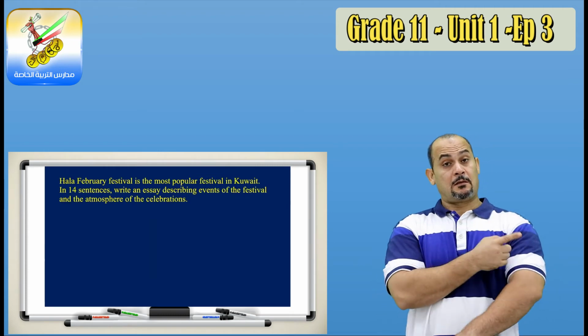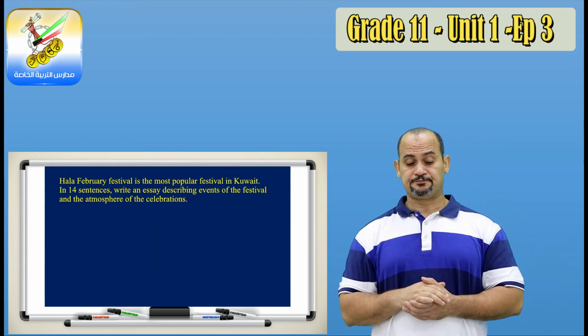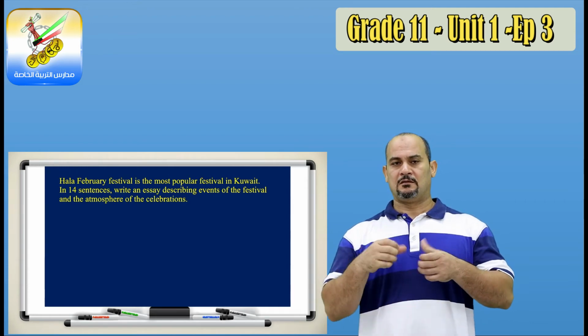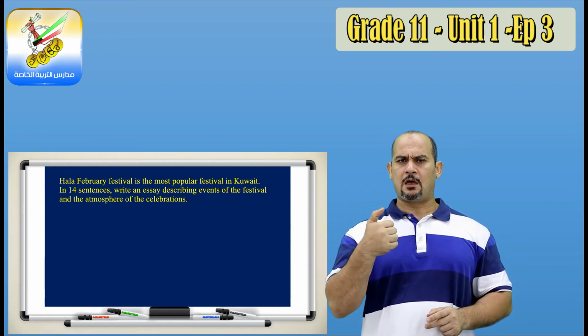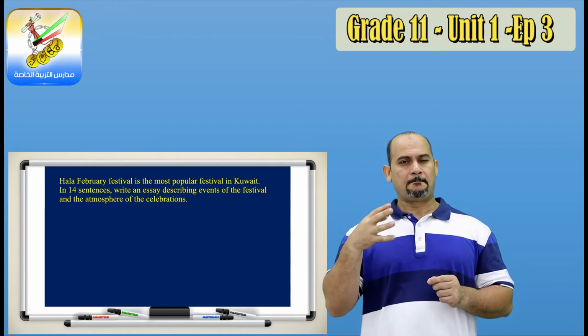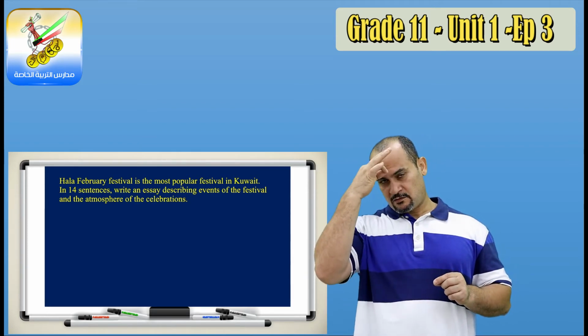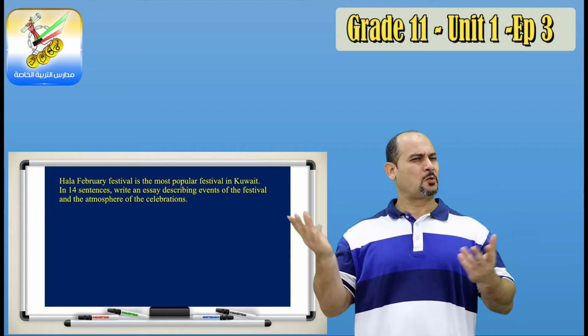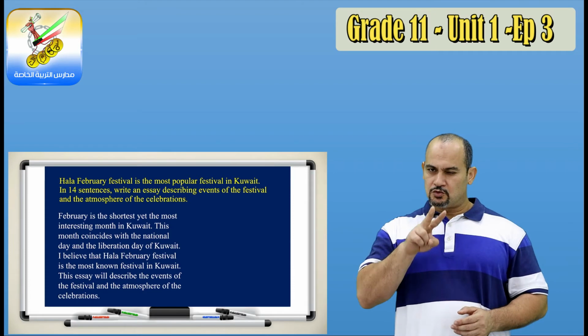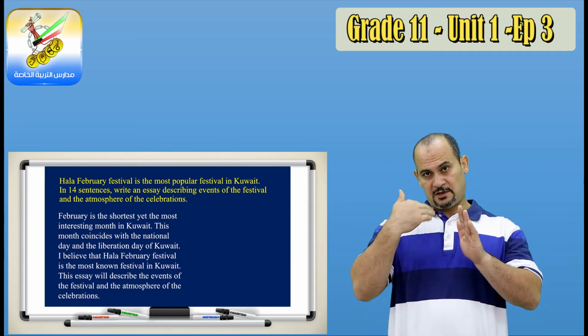This is an example of one of the questions that you may face or you may tackle in the exams. Hala February Festival is the most popular festival in Kuwait. In 14 sentences, write an essay describing events of the festival and the atmosphere of the celebration. I will read the introduction for you, then I will break down the introduction for you.